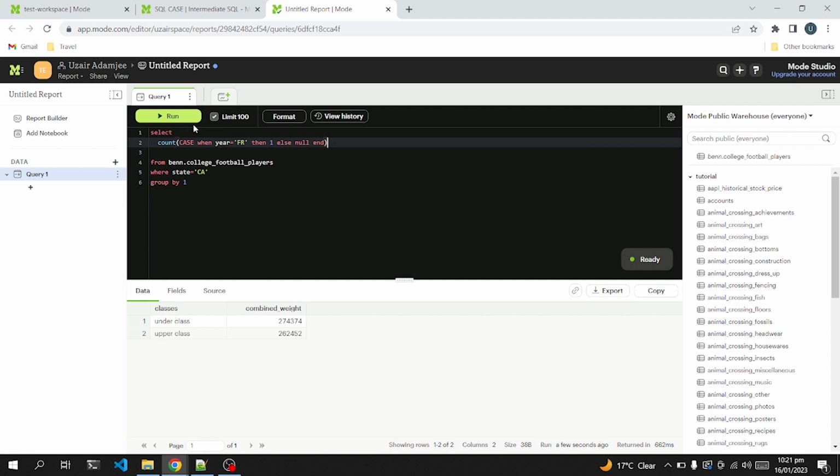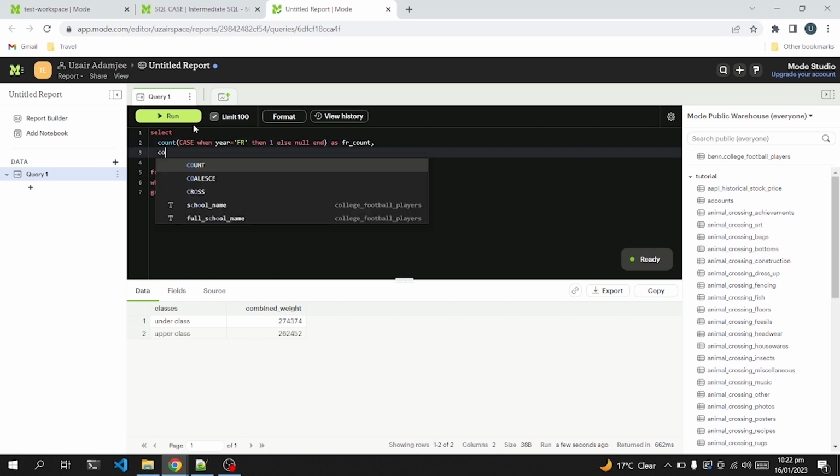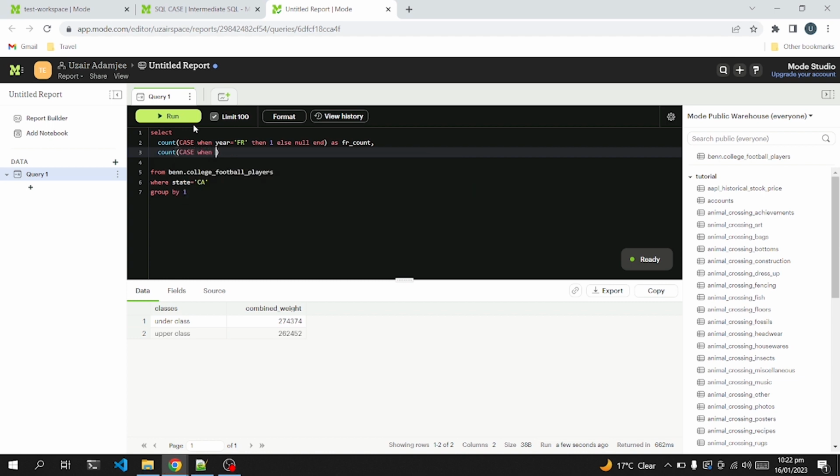We don't have to write different cases for each of those states; it will be just one case, and else will be null. Count case when year is SO, then 1, else null, as SO count.